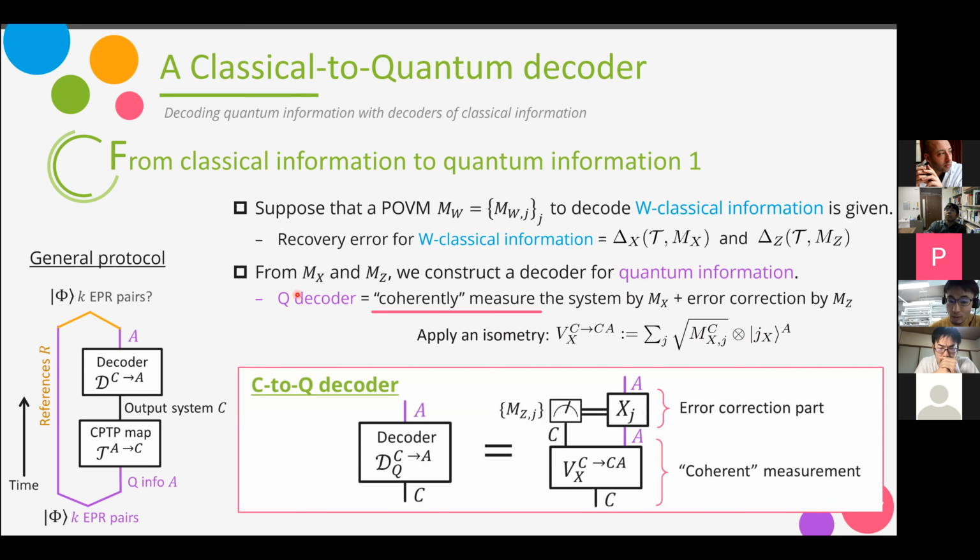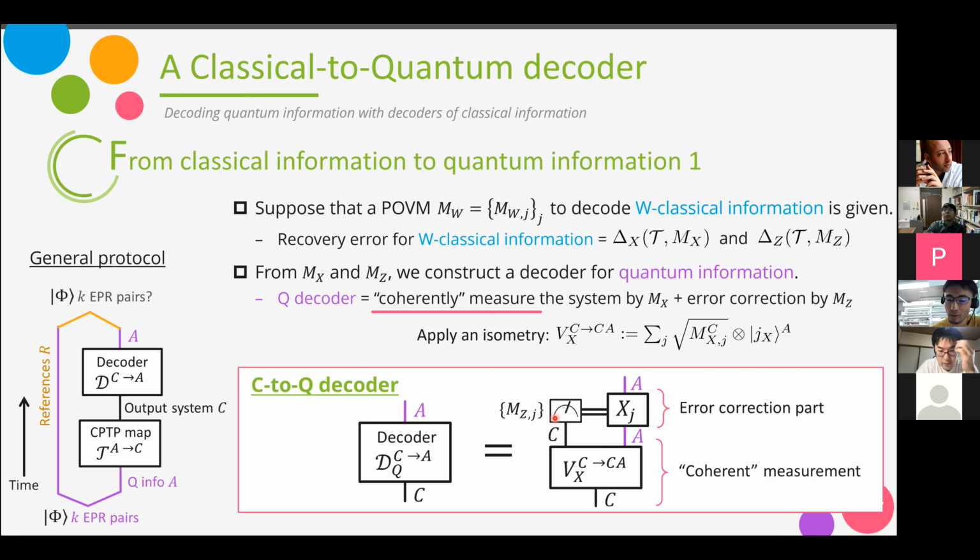To construct a quantum decoder, we combine this isometry with an error correction. So the C2Q decoder is given by this form. The input is C, and then we apply this isometry, so the output is now C and A. Then in the error correction part, we perform a measurement of the C system in the Pauli Z basis, the POVM for Z classical information.